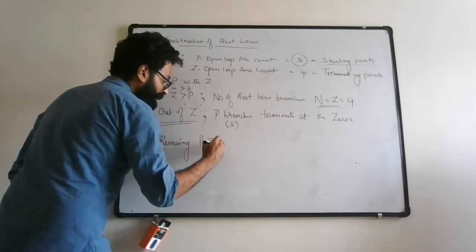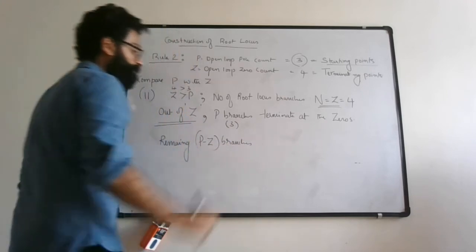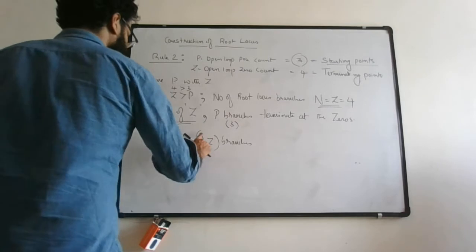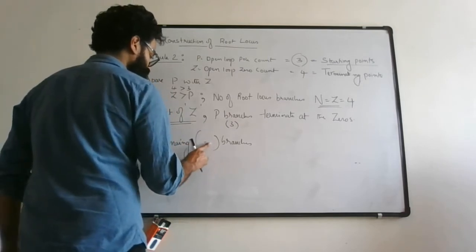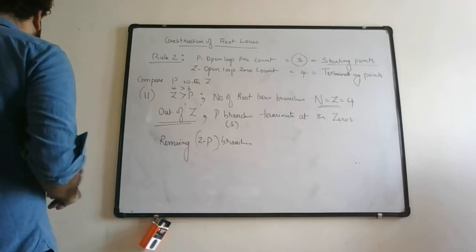remaining, sorry, z minus p, because z count is greater, right?